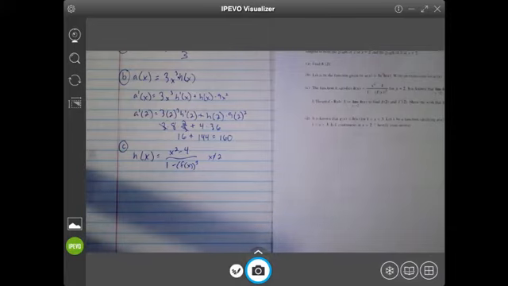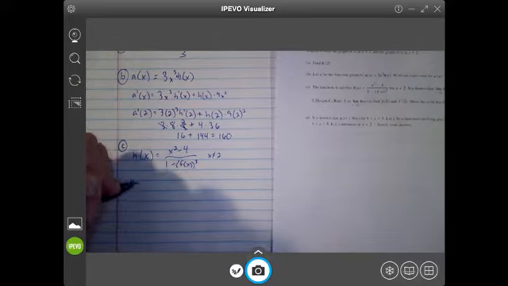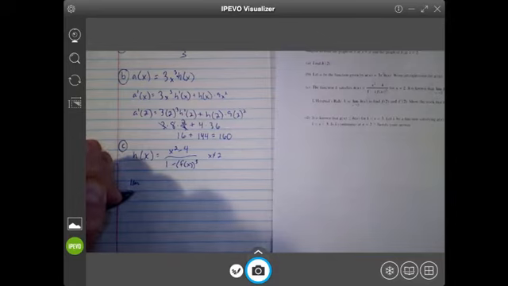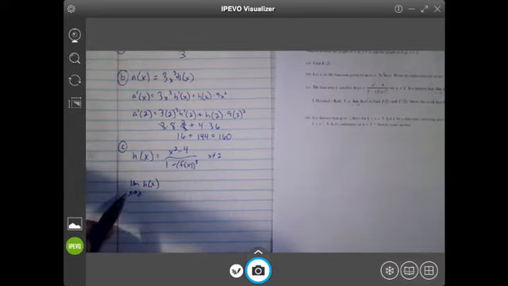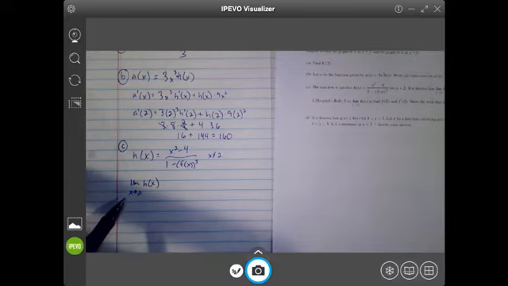All right, so we have to remember something about L'Hopital's rule. What does L'Hopital's rule say? If you are trying to evaluate the limit as x approaches 2 of h of x, what's the first thing that must be true?